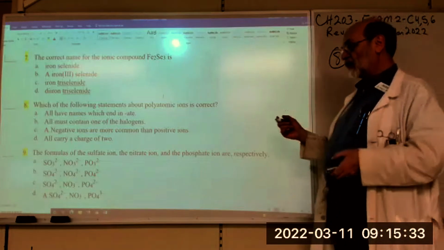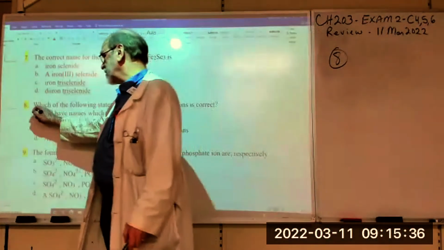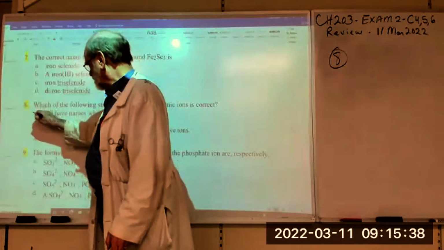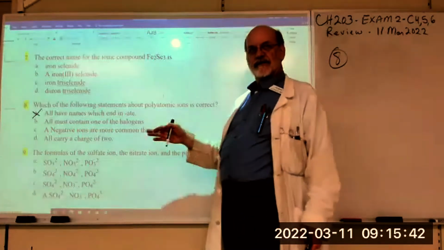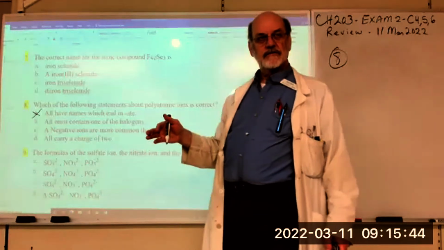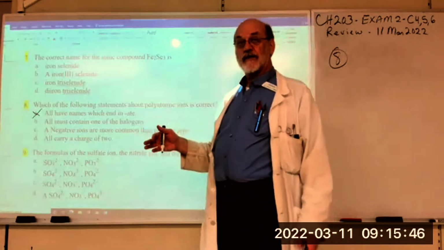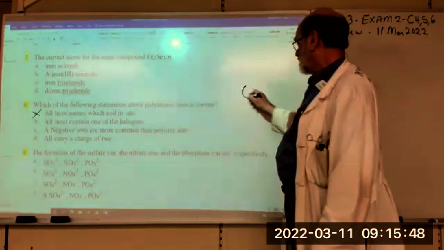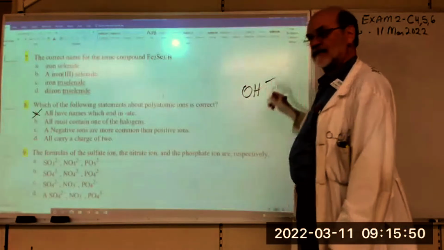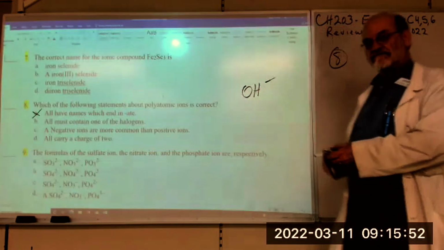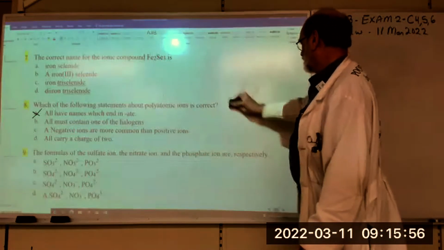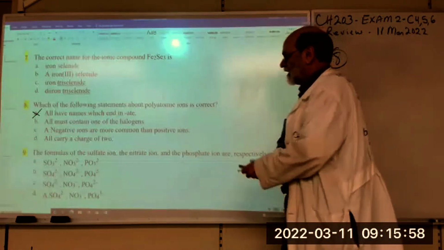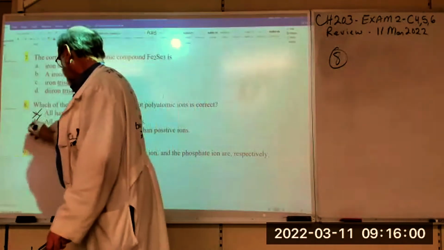Okay, so we know this one's out. All must contain one of the halogens. Is that true? I can think of one right off the top of my head. Hydroxide. No halogens in that one. Okay, so that one's out.